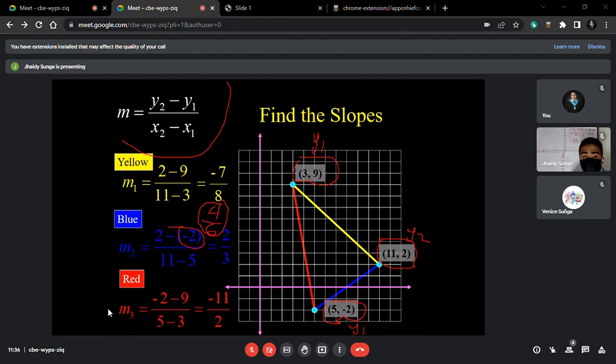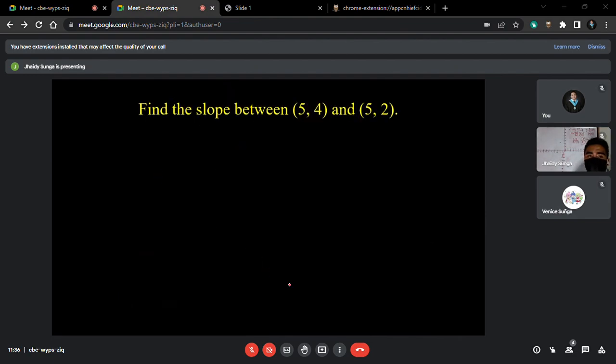Let us have this slope. We are going to find the slope between 5, 4, and 5, 2. Having the formula m is equal to y sub 2 minus y sub 1 all over x sub 2 minus x sub 1, we have the values.